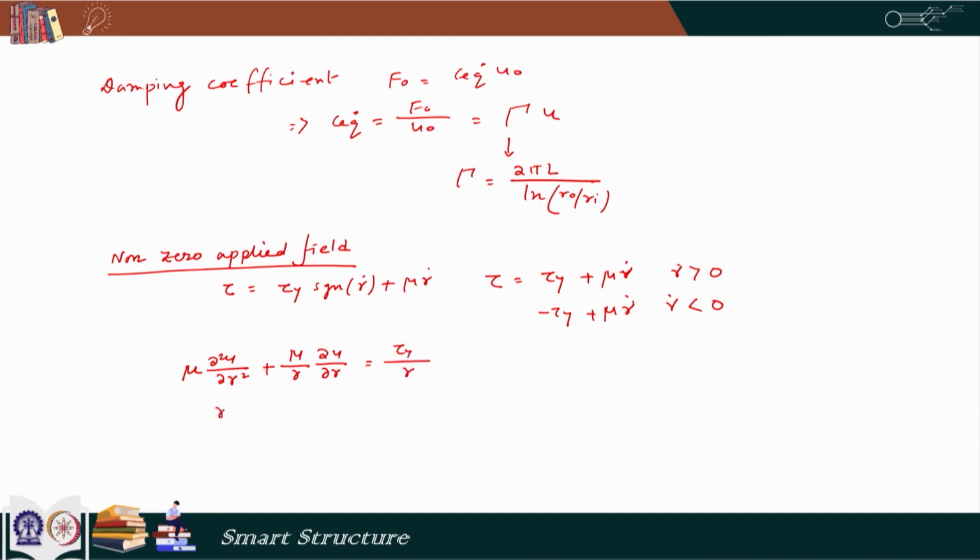Again, this can be written as the partial of r into del u by del r with respect to r equal to tau_I by r, and then finally on integration, this gives me u as a function of r as tau_I divided by mu into r plus c natural log of r plus d.